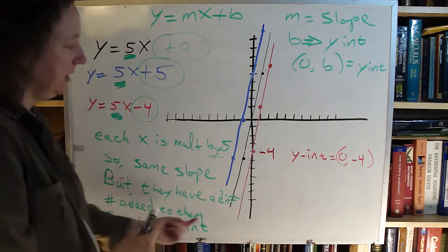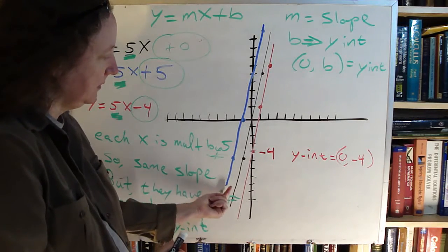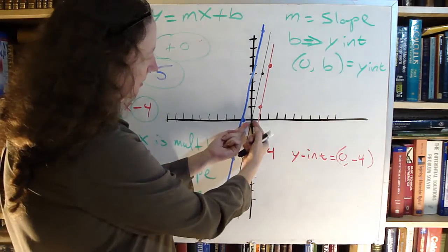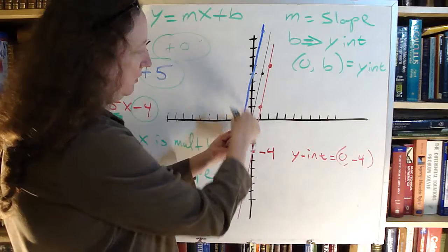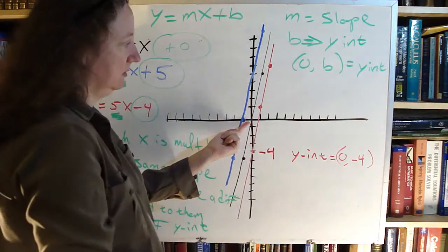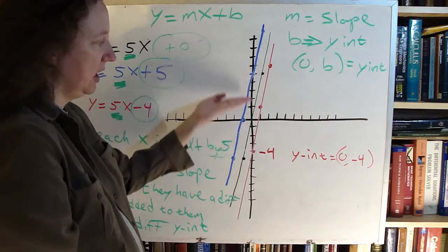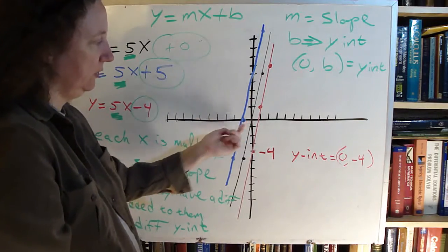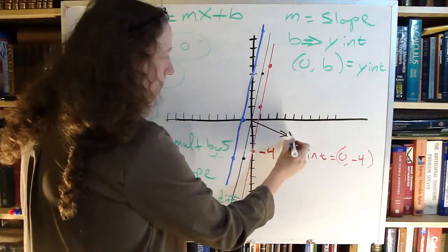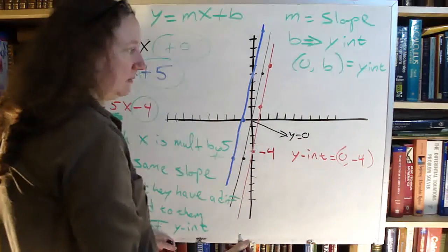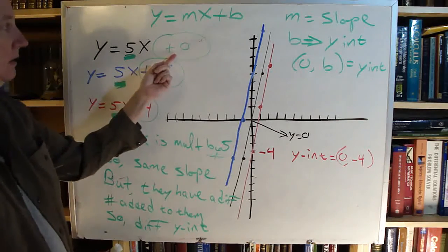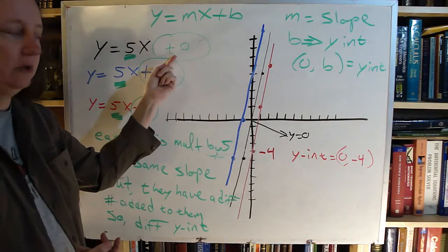Looking at my black line. There's my line. Where does it meet the axis? Right there, where the two axes meet. So that is at 0. Y equals 0. It's not going up, it's not going down. It's at y equals 0. With my black line equation, nothing is being added to it.